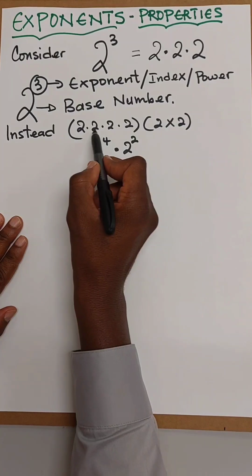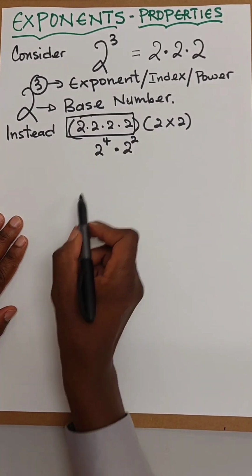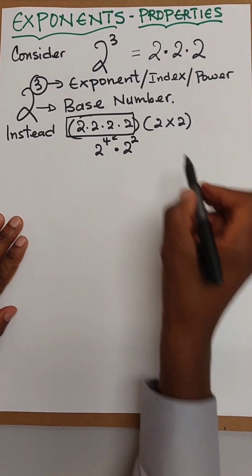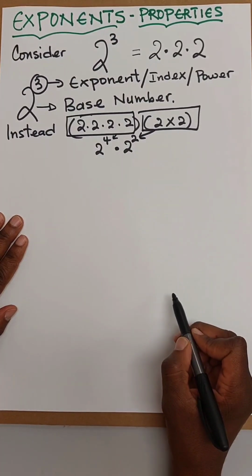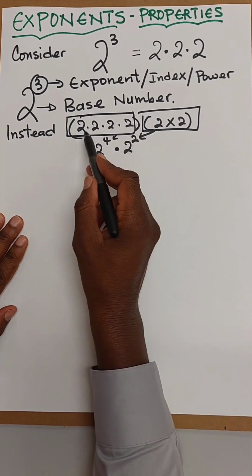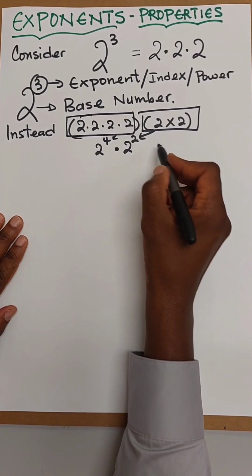This exponent of 4 comes from this first bracket of 2's that are 1, 2, 3, 4 of them, that goes to that exponent, and then this second bracket of 2's goes to this exponent. If we count the whole thing, we have 6 2's in there: 1, 2, 3, 4, 5, 6 of them.